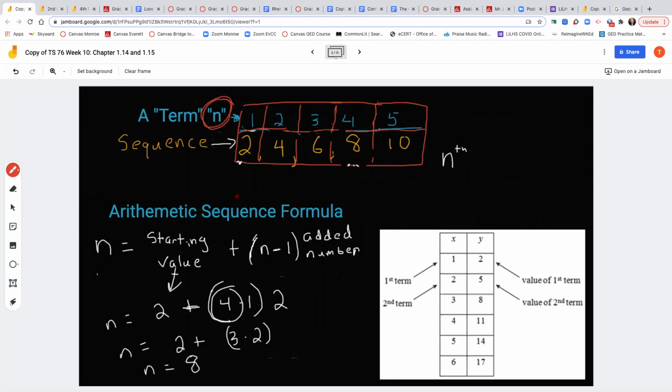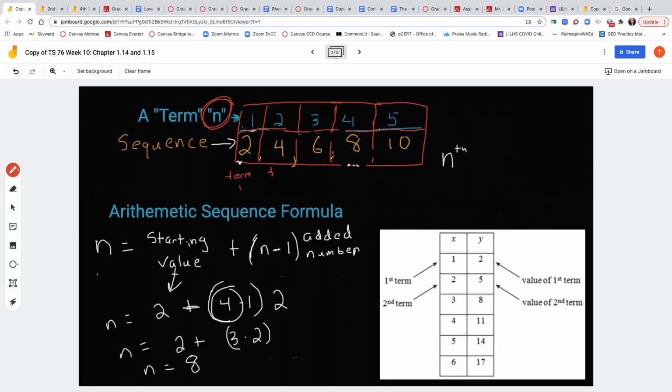All right. In this sequence of 2, 4, 6, 8, 10, remember that from the previous slide? We're going up by 2. It's the same change each time. The first number, 2, is called the first term. So that's why I put a 1 above it and then a 2 above the next and a 3, etc. So in this sequence, this is term 1.